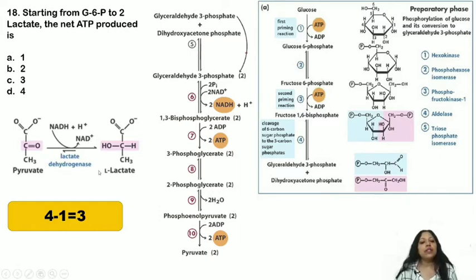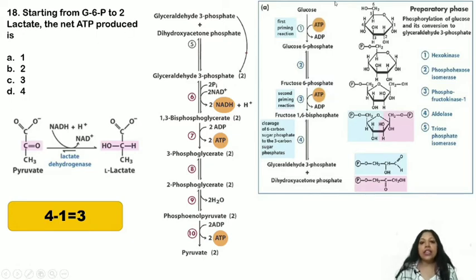Most students multiply NADH by its ATP equivalent, which is around 2.5 or 3, and then state the answer, correct? But this is not the case, because the question ends at lactate production. It does not say that starting from glucose 6-phosphate to 2 lactate, the net ATP produced in oxidative phosphorylation, correct?